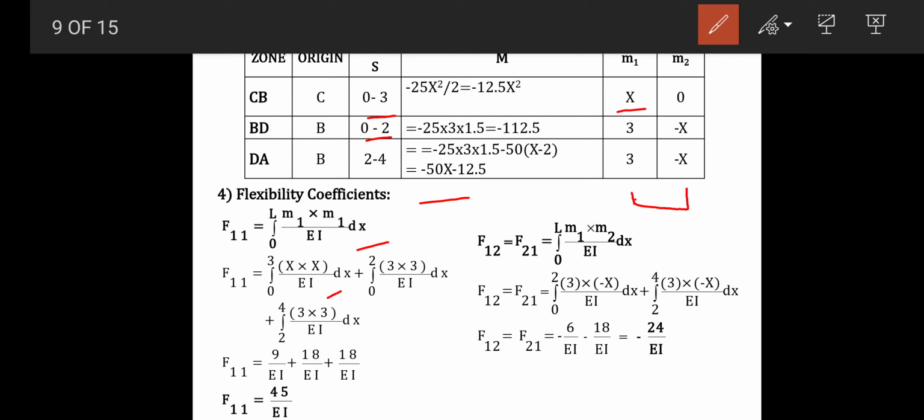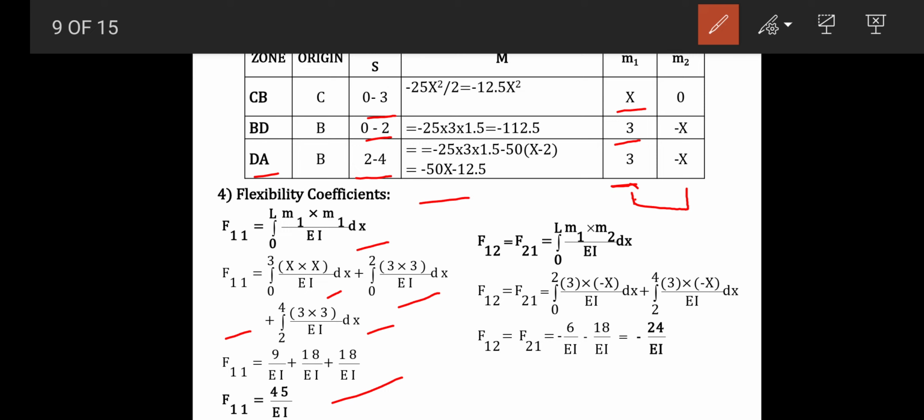Then the zone is BD, and the value is 3. So 3 into 3 divided by EI into dx. And the last zone is the DA zone, and the limits are 2 to 4. So limits for integration 2 to 4, and the value is 3. So 3 into 3 divided by EI into dx. So by simplifying, we have F11 equal to 45 divided by EI.